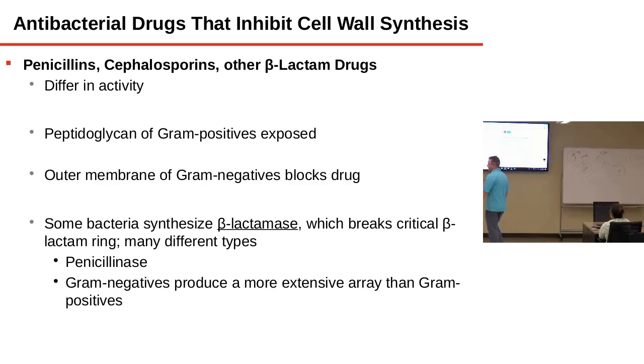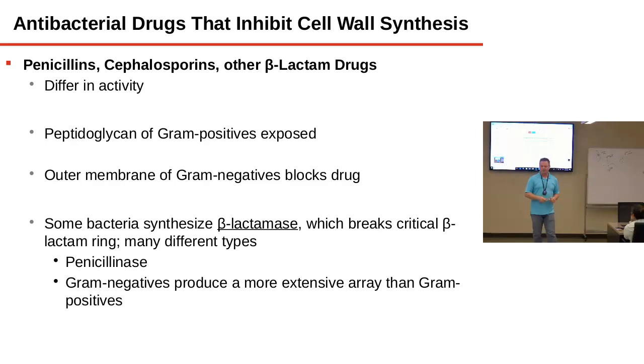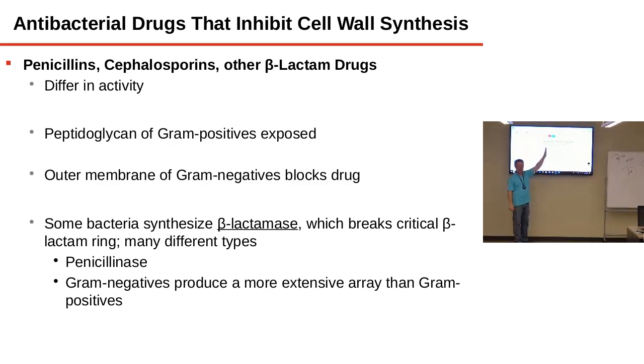All these are going to differ a little bit in activity. Remember, the gram-positives have their peptidoglycan on the outside, and that's going to be a little bit different than the gram-negatives. Gram-negatives have LPS on the outside and peptidoglycan in the inner membrane. So a lot of the drugs are going to be very useful with gram-positives. It knocks out peptidoglycan.